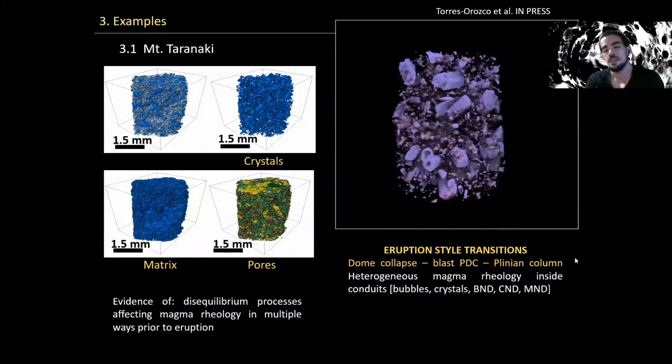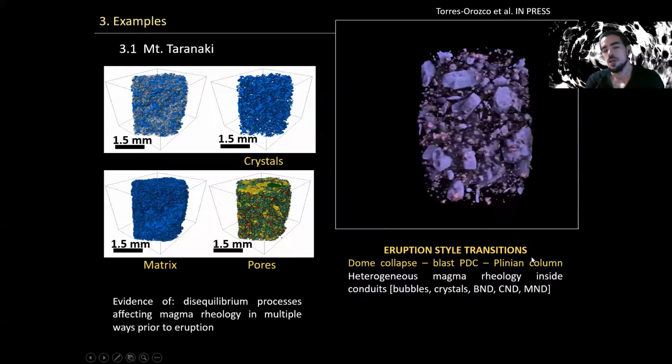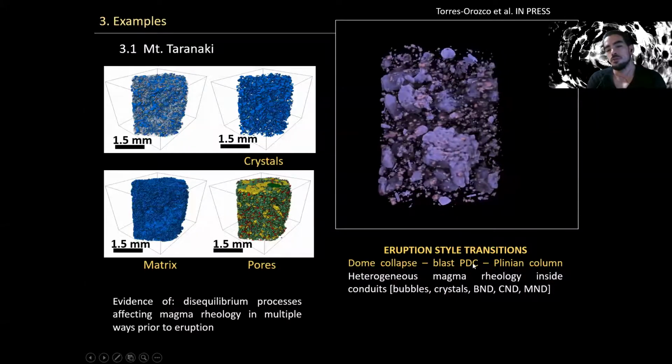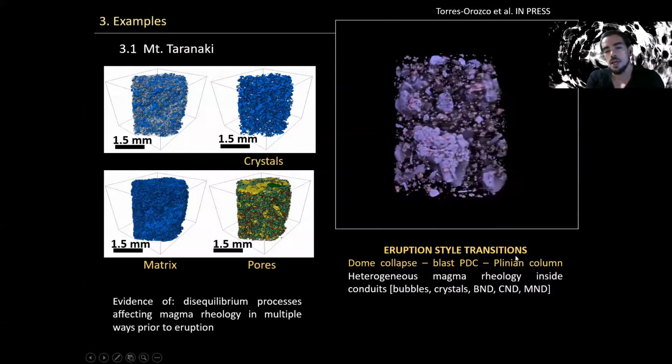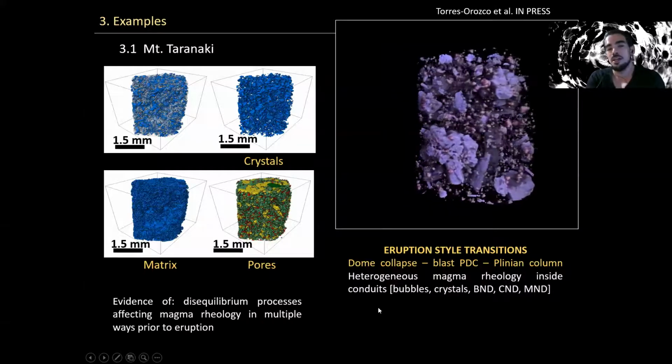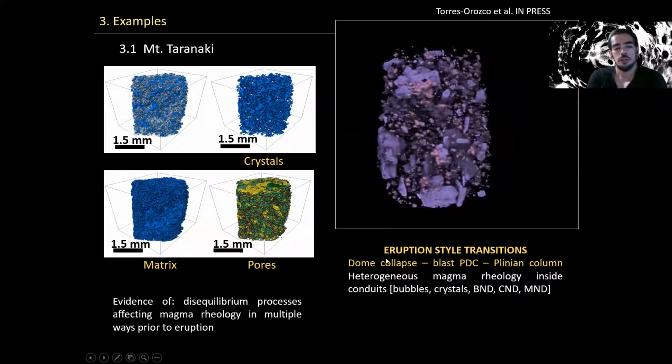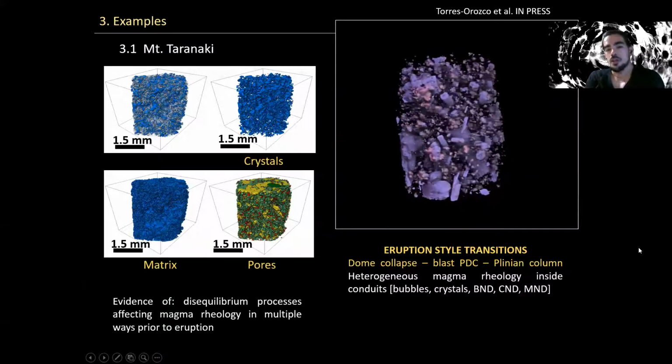We saw dome collapses changing into blast density currents, changing into a Plinian column, and this is all telling us a history of magma rheology inside the volcanic conduit during a volcanic eruption.